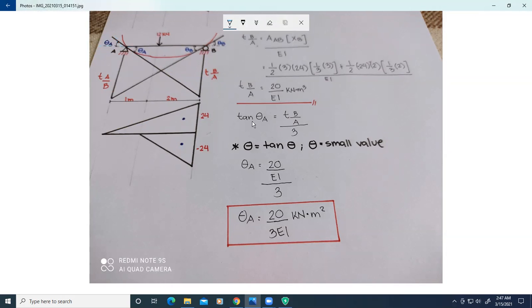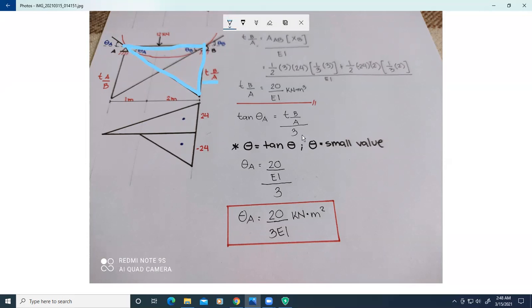To solve for theta A, we need to use trigonometry, the tangent property. Tangent theta A is equal to the opposite side, the deviation, divided by the adjacent side, which is 3 meters.